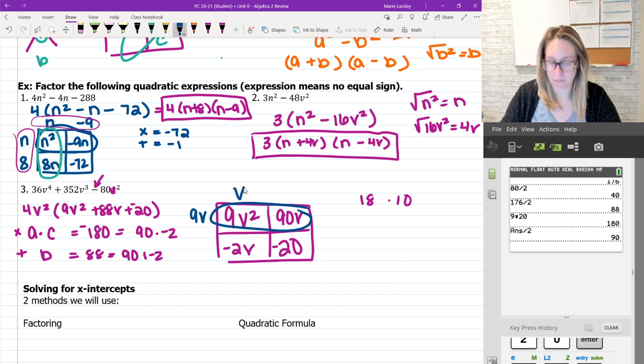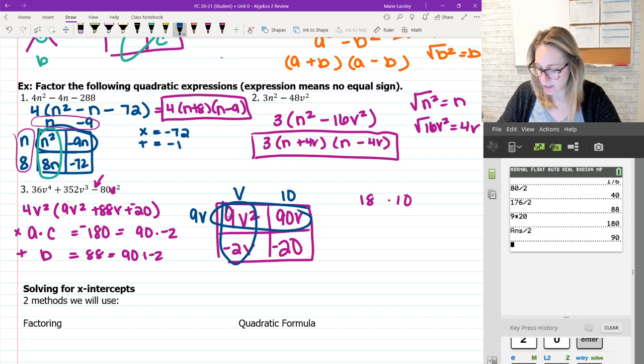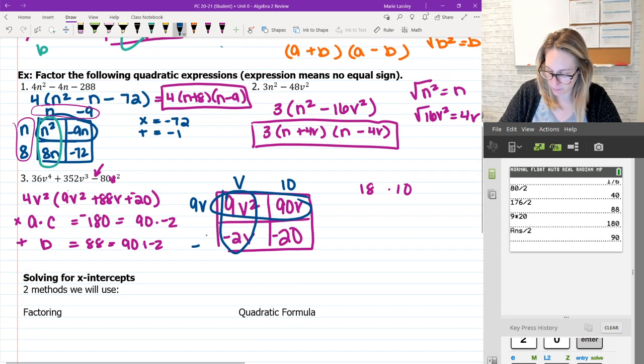Just v. 9v times what gives me 90v? Well, that's 10. Now I'm going to go down. v times what is going to give me negative 2v? Well, negative 2.